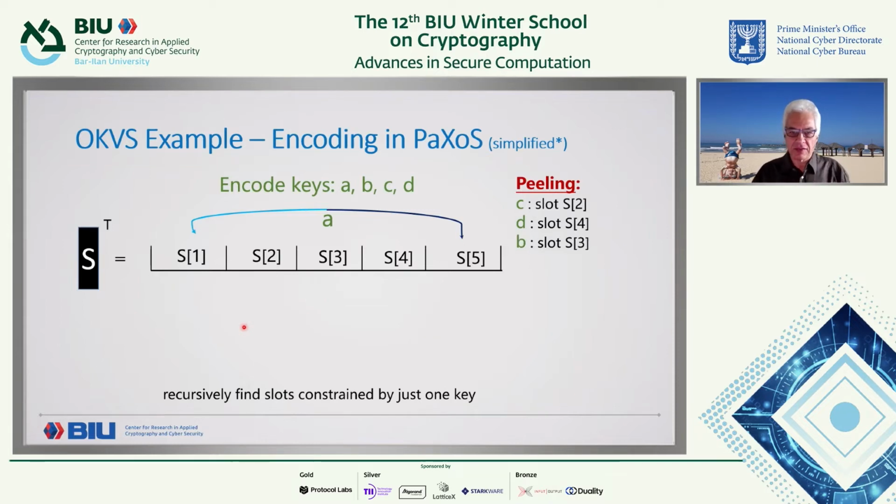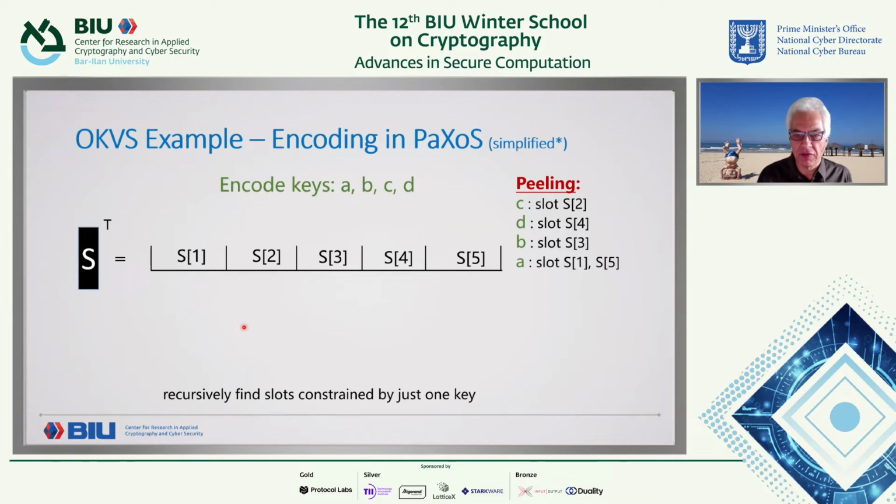So we can keep removing edges from the table. Whenever we have a table entry to which there's only one constraint, one edge going into it, we can remove it from the table and handle the rest of the table.